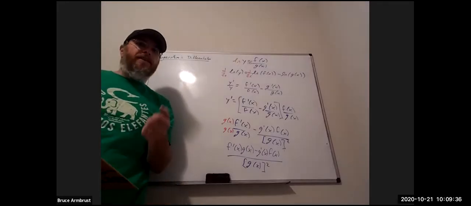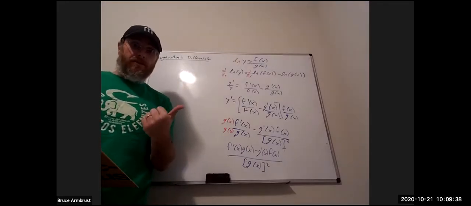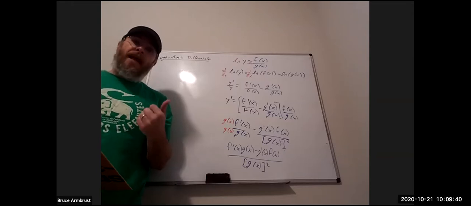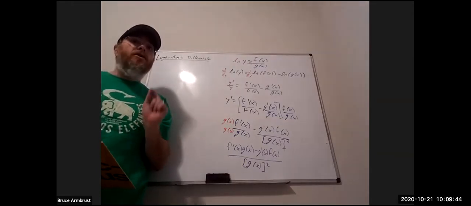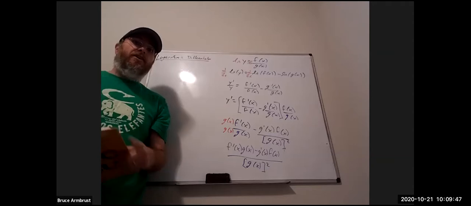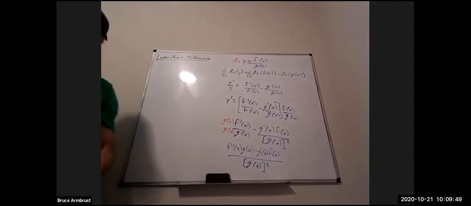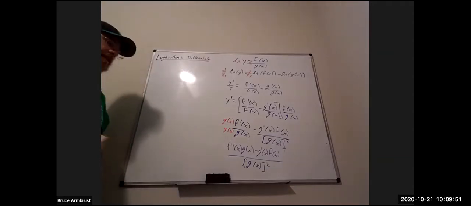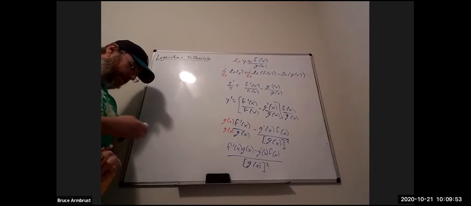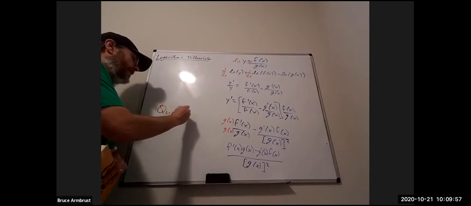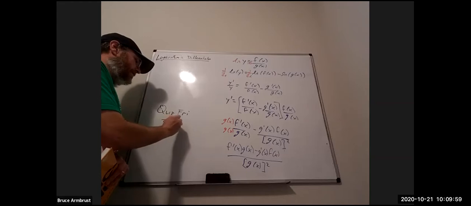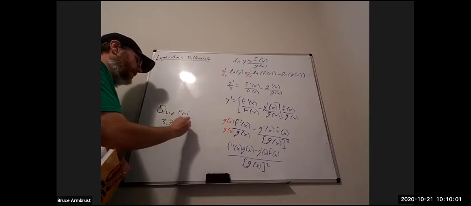So 3.7 is inverse functions, derivatives of inverse functions, and 3.8 is implicit differentiation. Okay, so the quiz on Friday is on 3.7 and 3.8. I'll even write that down up here so people can see it in writing. So quiz Friday, 3.7 and 3.8.